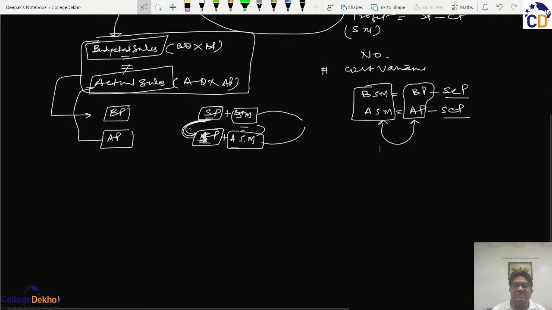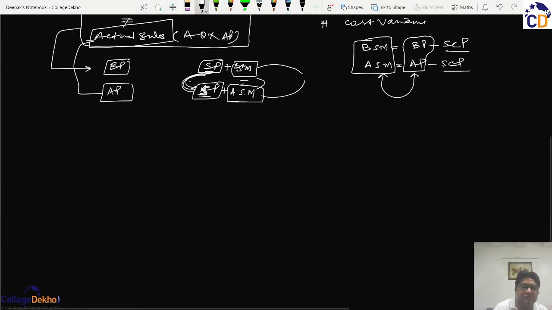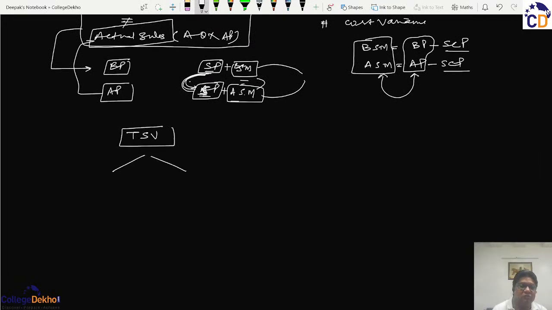As we discussed in the last session, the total sales variance was equal to the total sales volume variance and the total sales price variance. The total sales variance was also equal to the total sales mix variance and the total sales sub quantity variance.